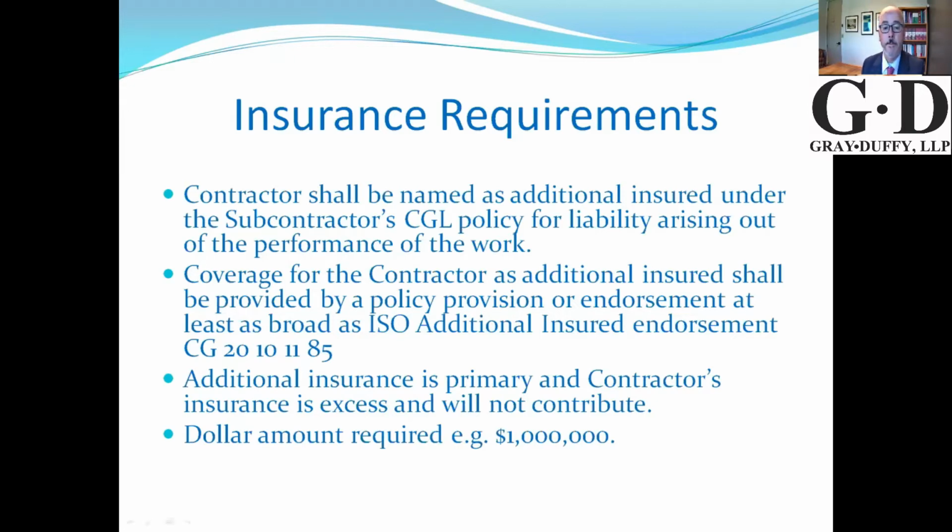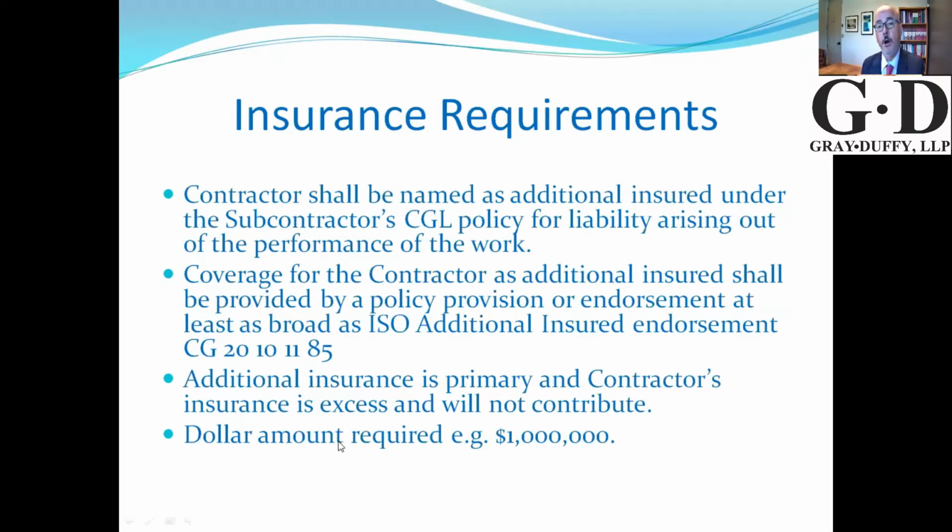The contract provision might also require a primary and non-contributory provision, providing that the additional insurance is primary and that the contractor's insurance is excess and will not contribute. So that's another big issue we have out there.